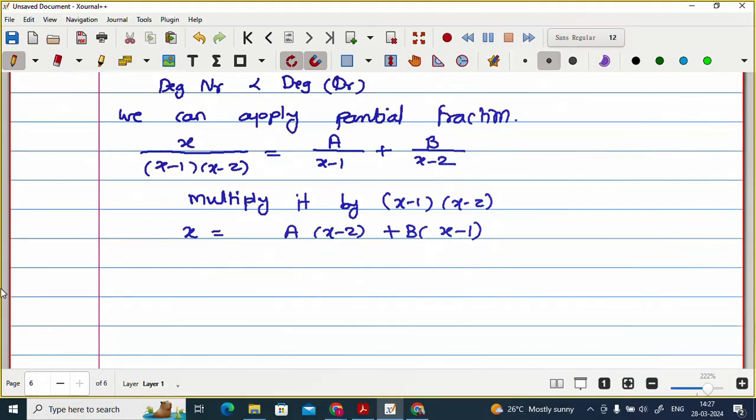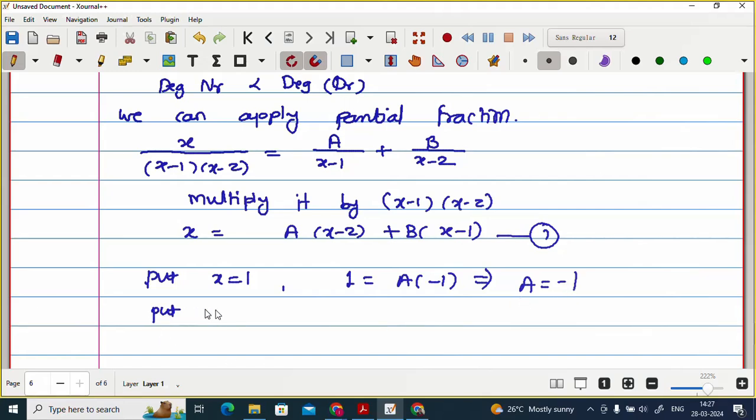So for getting a, we'll put the value of x particularly. So if I put x as 1, then this 1 is equal to a into 1 minus 2, means minus 1, and plus b into 0. So that will give you a as minus 1.